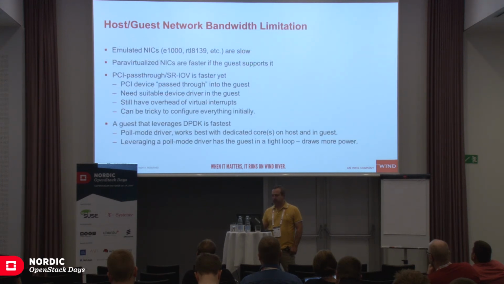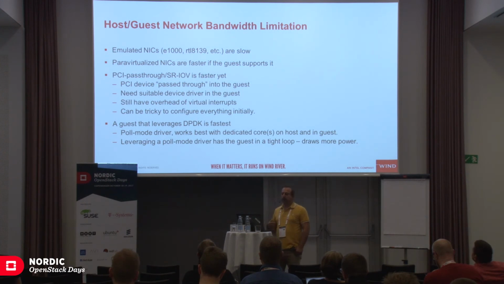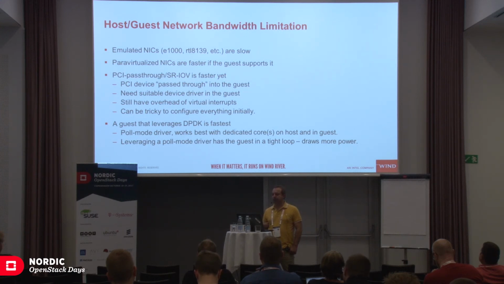I think I have just 2 more slides to go. When it comes to the guest, you can see that the type of NIC we specify gives you different performance. If you're using emulated NICs like E1000, then you get very slow performance in this case. If you use the paravirtualized NIC, virtio, you get better performance, boosted performance.